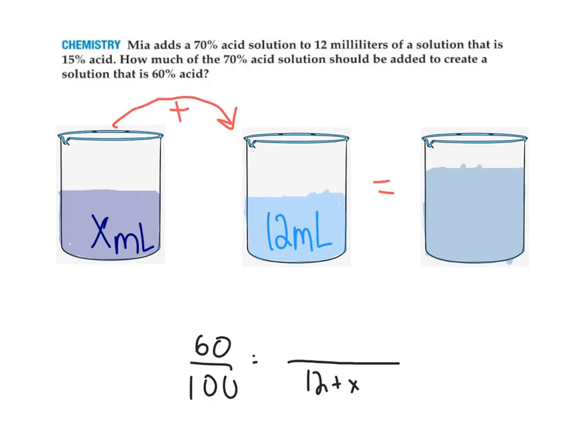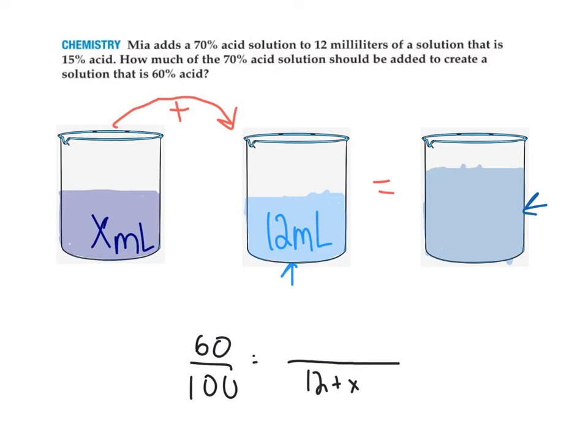Now to address the amount of acid that we have in our final solution here, we need to figure out first how much acid was in the first two barrels or buckets. So we'll start with the one that we know for sure, which is this 12 milliliter solution that has 15% acid.